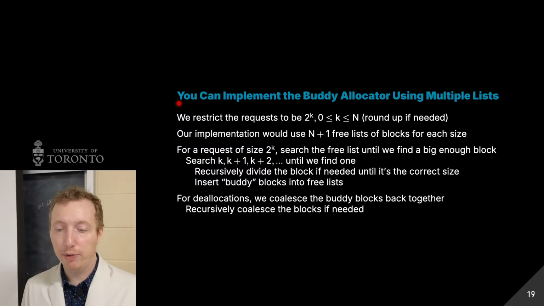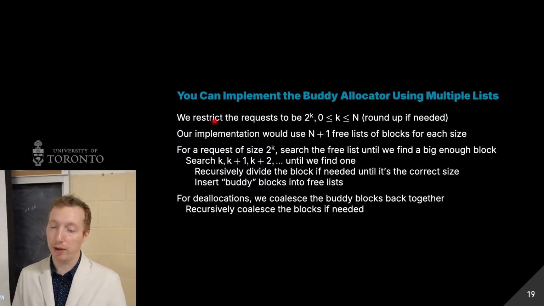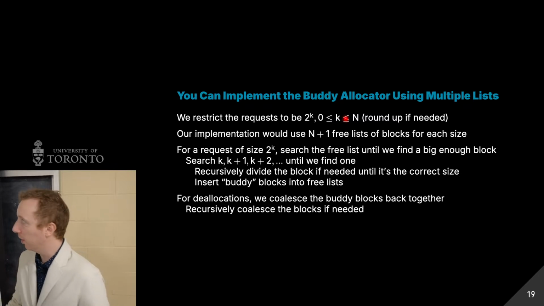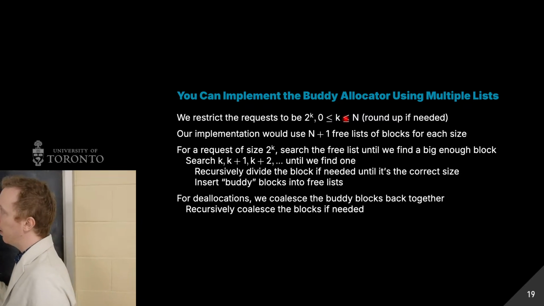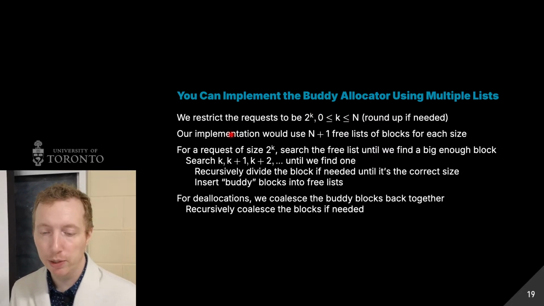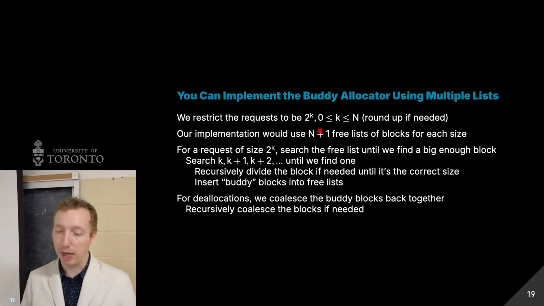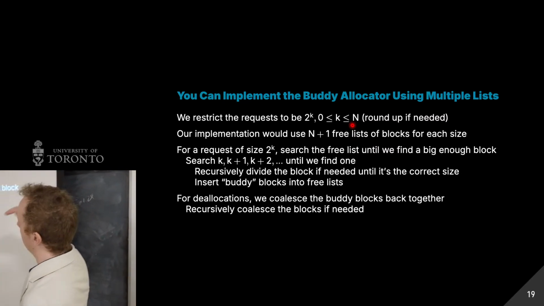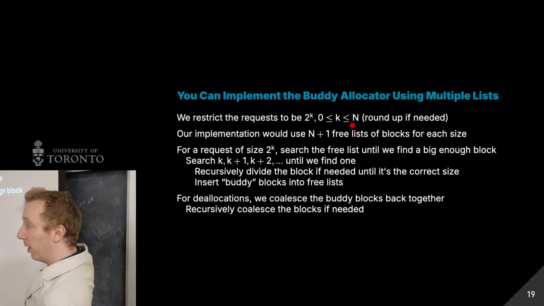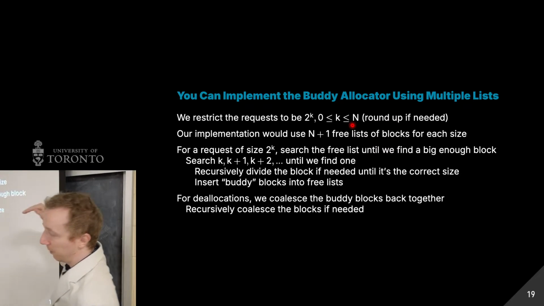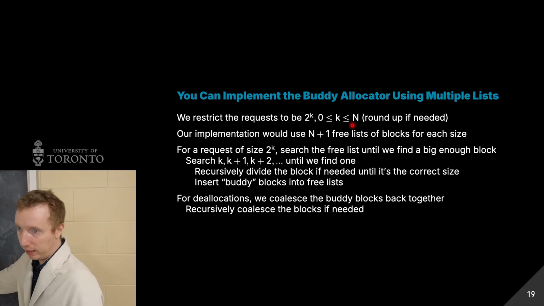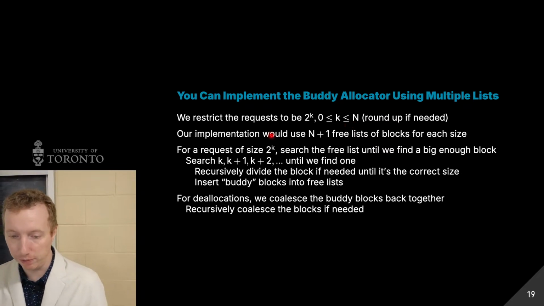Since we restrict requests to the power of 2^k for some k up to n, where if something is not a power of 2, we can just round up, our implementation uses n+1 free lists for blocks of each size. So we would have a free list for all blocks of size 1, all blocks of size 2, all blocks of size 4, all blocks of size 8, 16, so on and so forth.